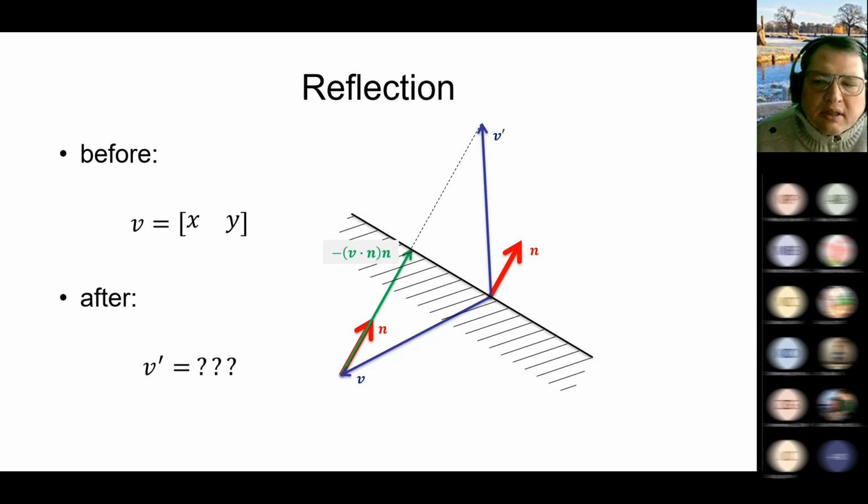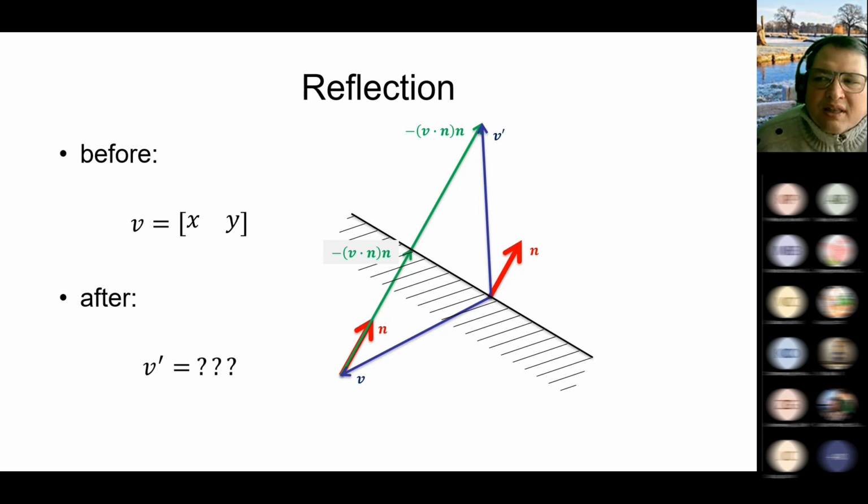Remember, v dot n is a number, to convert this number into a vector. So the green vector is negative v dot n times n. Because this is a reflection, we can be sure that this vector built on the other side, another green vector, will also be negative v dot n times n.